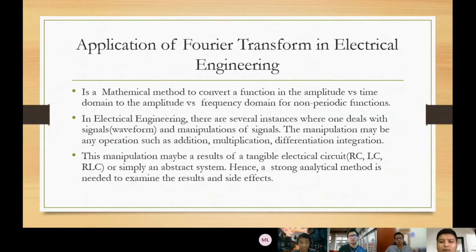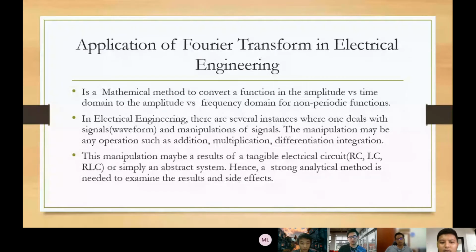for non-periodic functions. In electrical engineering, there are several instances where one deals with signals, waveforms, and manipulation of signals. The manipulation may be any operation such as addition, multiplication, differentiation, integration.